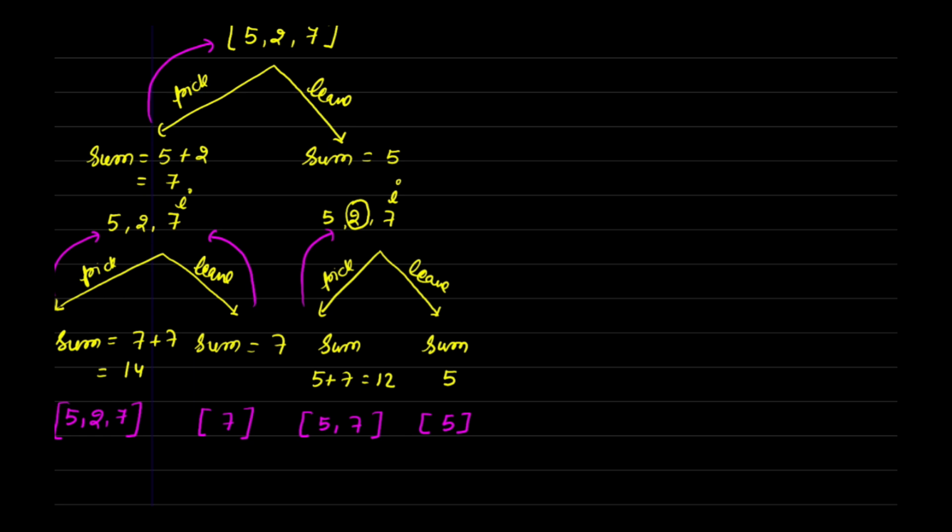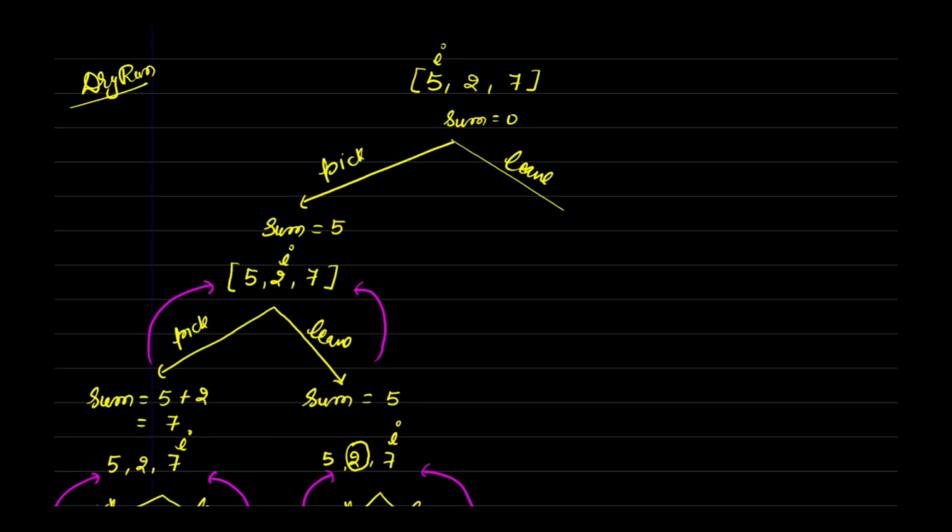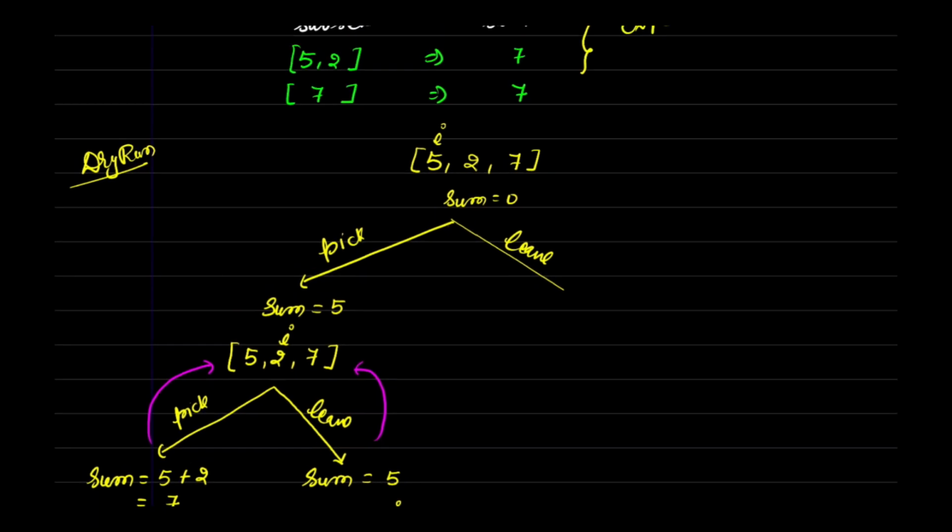Here also we went through all the indexes, so we will do a backtrack here. Now here we also reached the last, so we will do a backtrack. As we are doing the backtrack, we are subtracting the element. Here also we reached the last, so we will do a backtrack here.